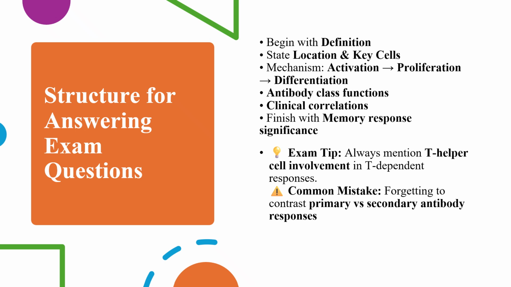That's the T helper cell involvement in T-dependent responses. Common mistakes that students make, they usually forget to contrast the primary versus the secondary antibody responses. A quick line about timing, antibody class patterns, and affinity differences can instantly elevate your answer.